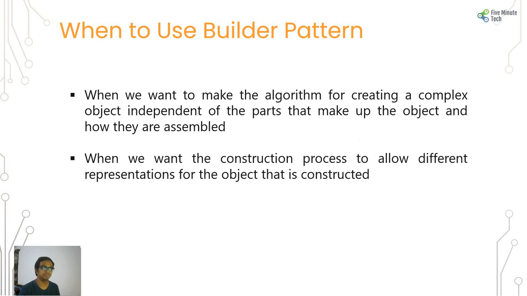Now when to use it? When we want to make the algorithm for creating a complex object independent of the parts that make up the object and how they are assembled. So it becomes a background implementation. And when you want the construction process to allow different representations for the object that is constructed. So that's how we saw in the insurance example.